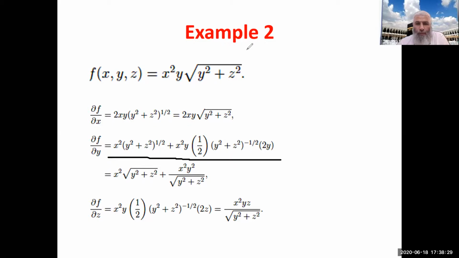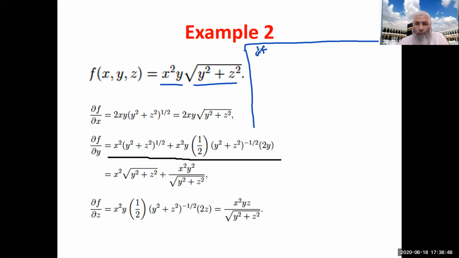It is the derivative of the first function, multiply the second function, right? So we can solve it here.